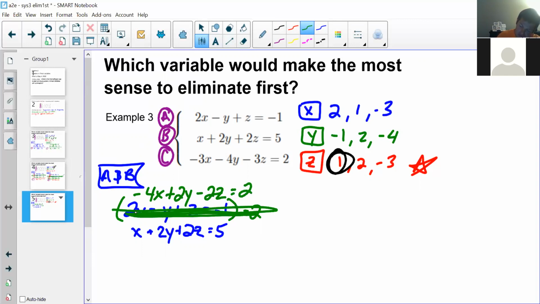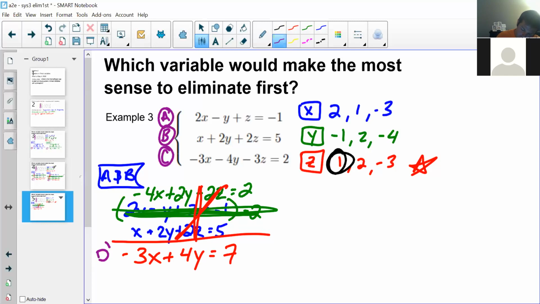I'm going to cross that out, and we'll combine the two equations using addition. -4x and 1x would be -3x. 2y plus 2y, be careful there, they're the same coefficient, not opposites, so that's 4y. -2z plus 2z, that's my 0z, so I'm going to eliminate that. 2 plus 5 would be 7. I have another equation that I just created. We'll label that D.